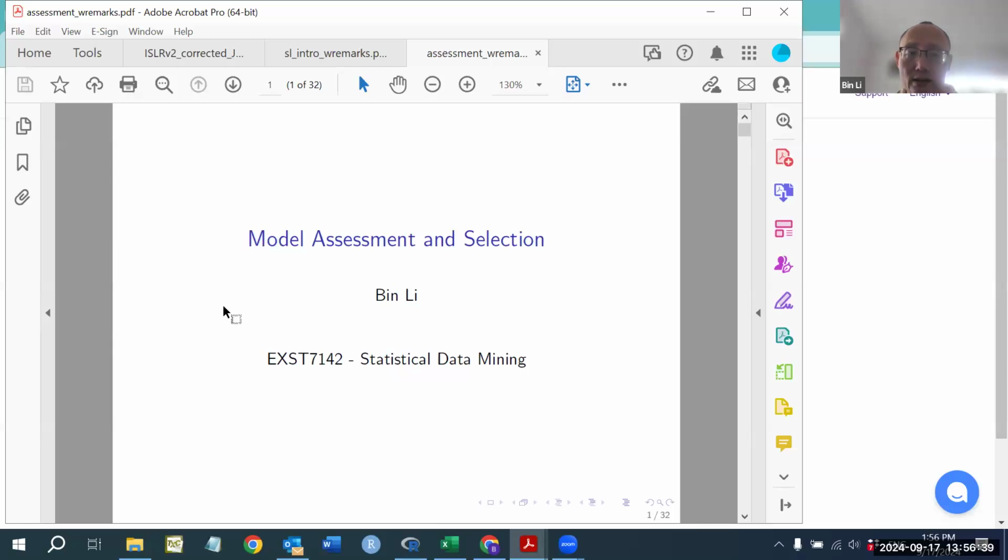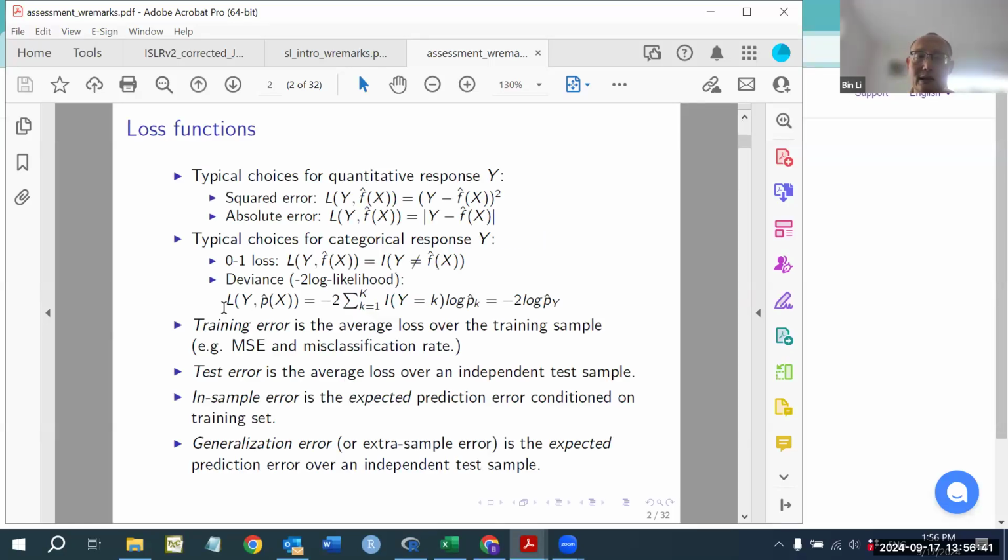Okay, so model assessment and selection. First, we need to talk about the loss function. For regression and classification, due to the different natures of the problems, we have different loss functions.